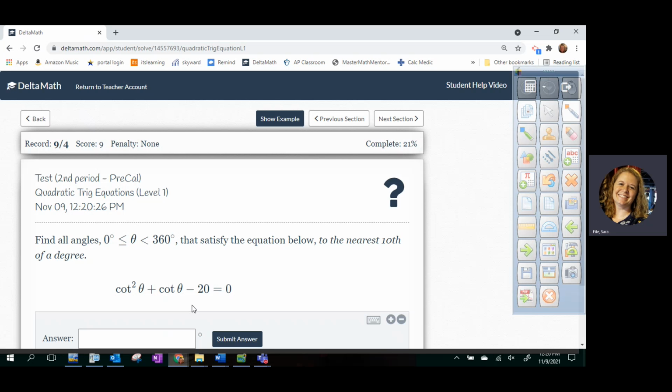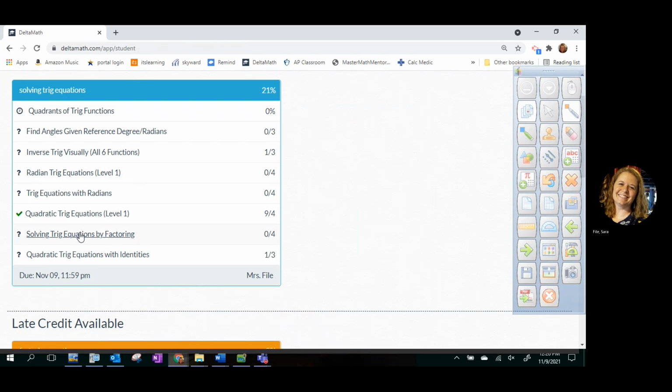Now this one would be similar. It's a quadratic form. You would have to factor, and then when you get toward the end and you have the cotangent, you're going to have to do the reciprocal to get tangent, because we don't know cotangent. So that one is worked similarly. All right, let's look at the next section.